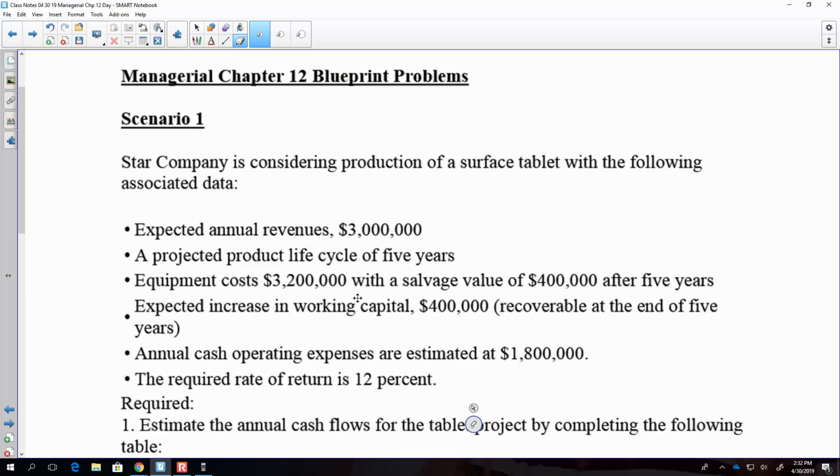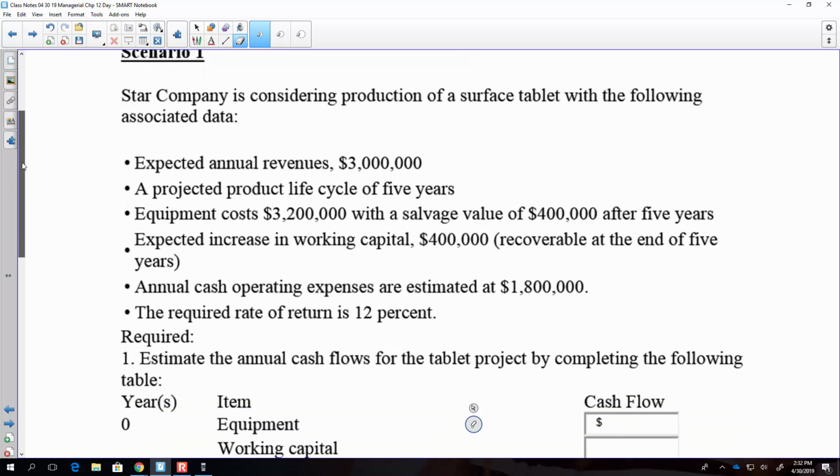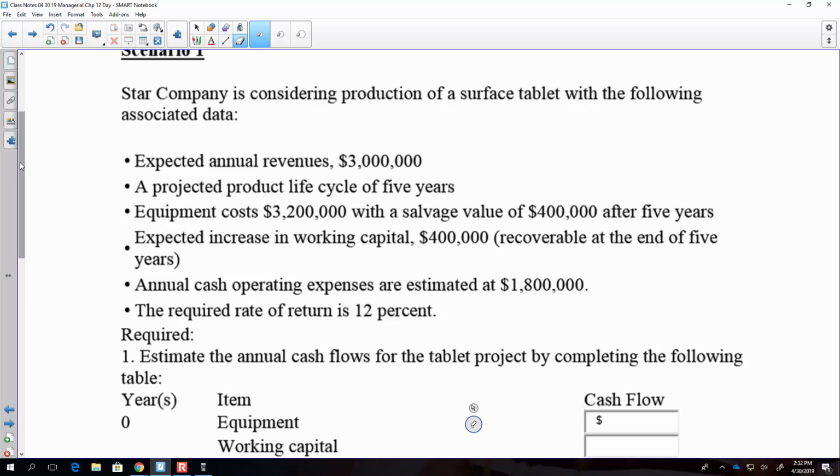All right, our last problem, or two problems actually, that we'll cover are these overview problems, blueprint problems for Chapter 12. These are not in the book, obviously. So let's take a look at our first scenario here. We have this person looking at a new piece of equipment.